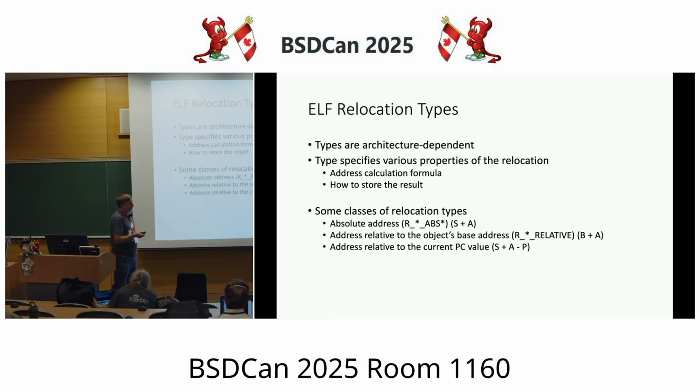There are some classes of related relocation types. There are also ones that don't quite fit into these, but some common types of relocations are absolute addresses, and these tend to follow a pattern. They all start with R_, but they tend to have ABS at some point in their name. These take the address of a symbol and add the addend to it to compute the final address that we're going to store to the target.